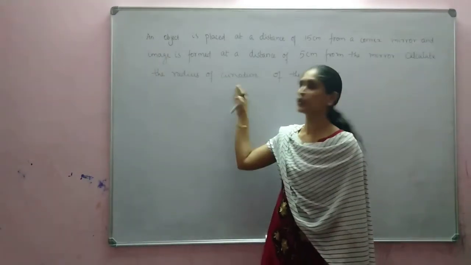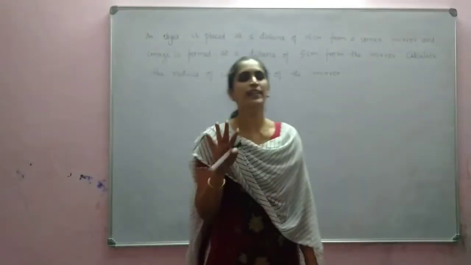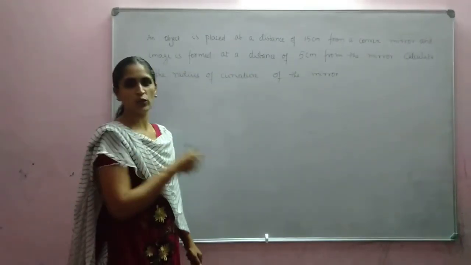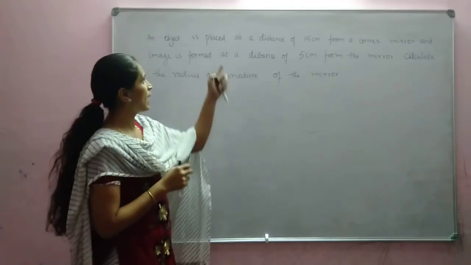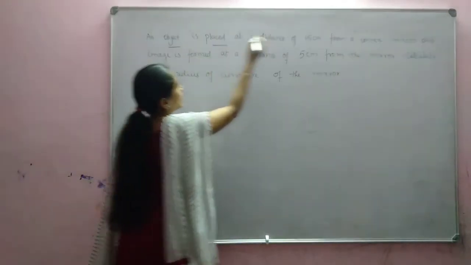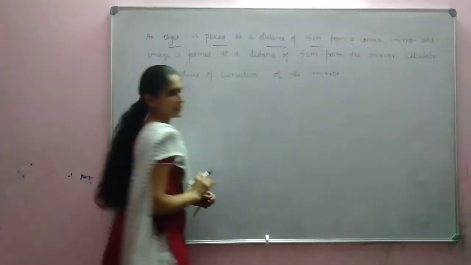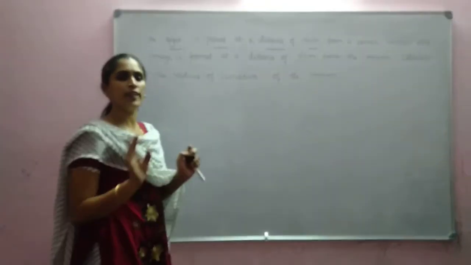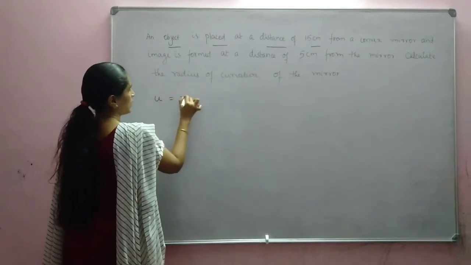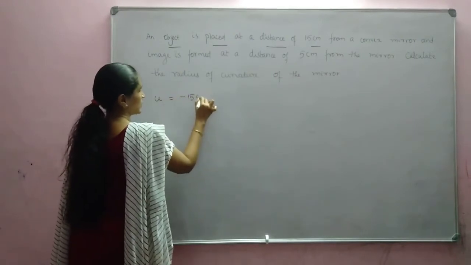Since it is not given, no need to take it as positive. Let us see whether we will get a positive quantity by solving the problem. Okay. And the object distance, it is given that the object is placed at a distance of 15 centimeter. I told you object distance will always be negative. So we can write object distance is minus 15 centimeter.